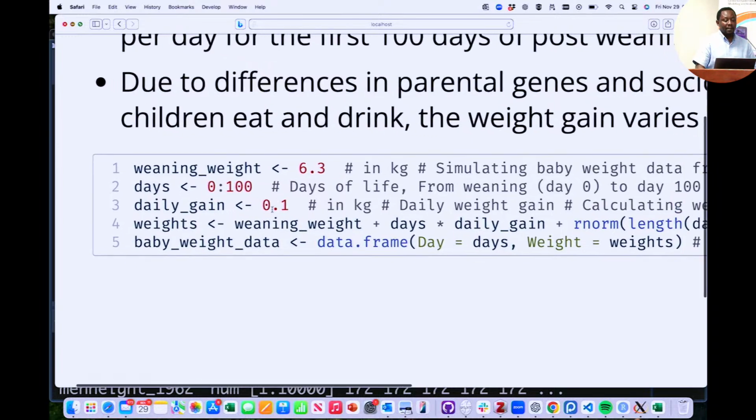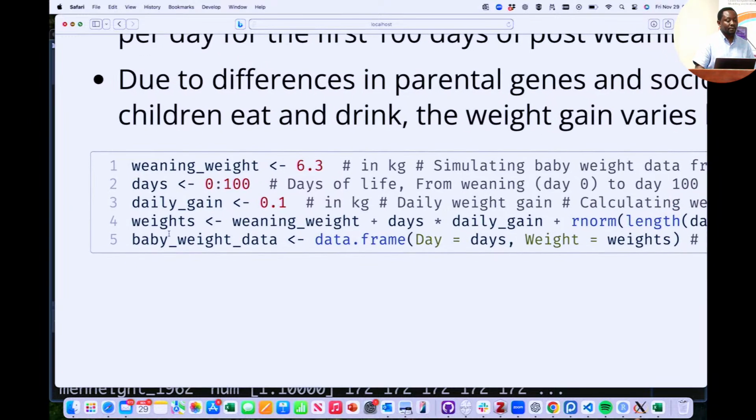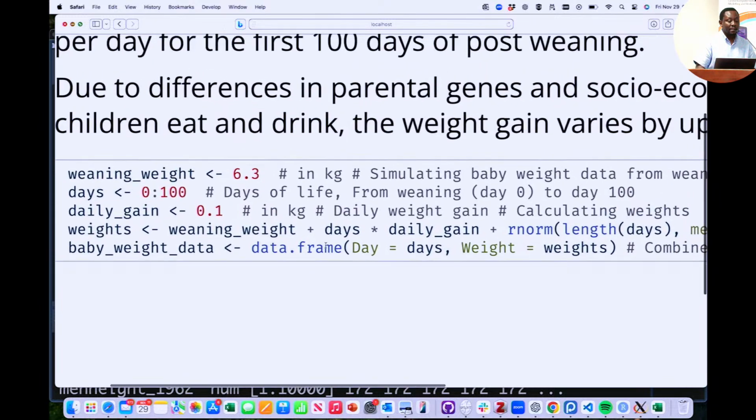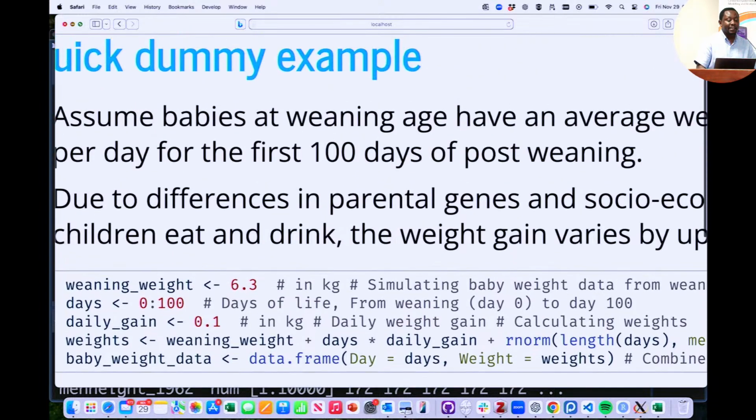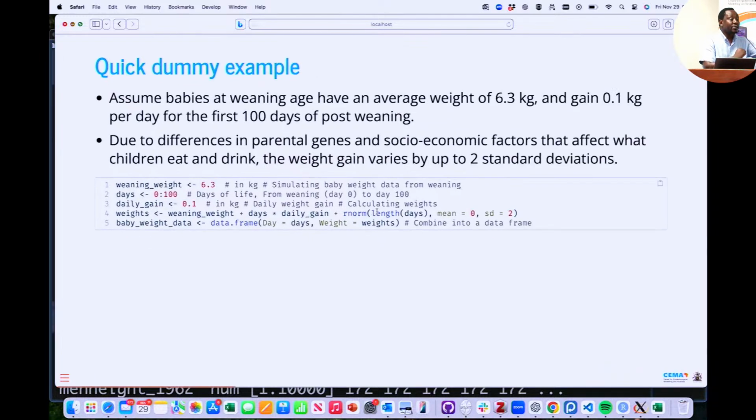So you could say the weight of the child is given by their starting weight, which is the weaning weight, plus the number of days you're observing them, which is 100, multiplied by the daily weight gain. And then, because you want to represent a data set that recognizes that there is variation in growth, you need to define that variation in growth, right?